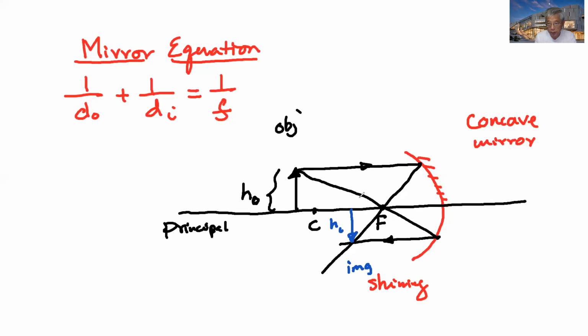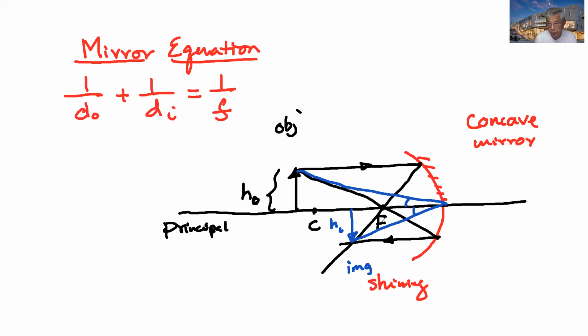So now let's look at this triangle, and what's the other triangle? So this triangle. Okay, these are the same angle. If a ray comes here and goes out like this, according to the law of reflection, the two angles are the same.